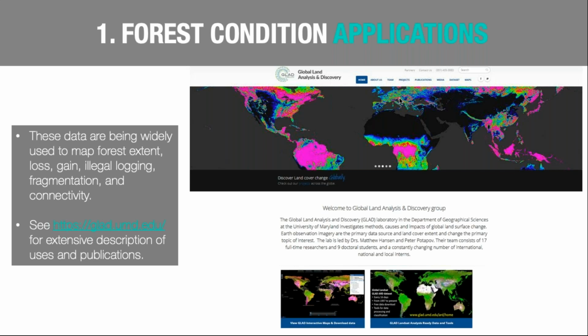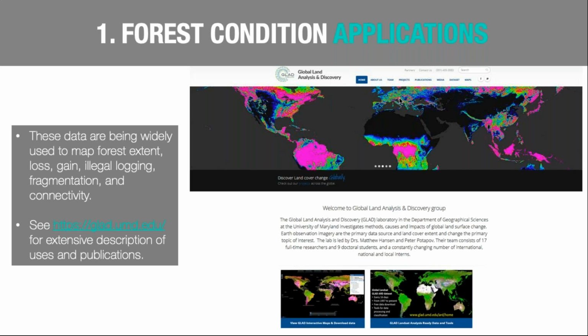These data, as you probably know, are being very widely used around the world for mapping forest extent, loss of forests, gain in forest, illegal logging, fragmentation, and connectivity.